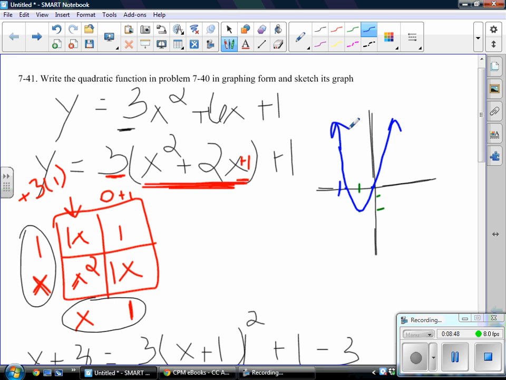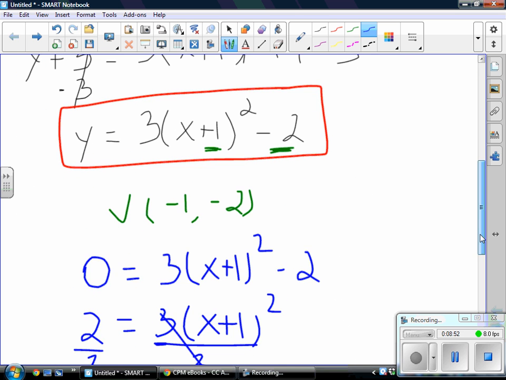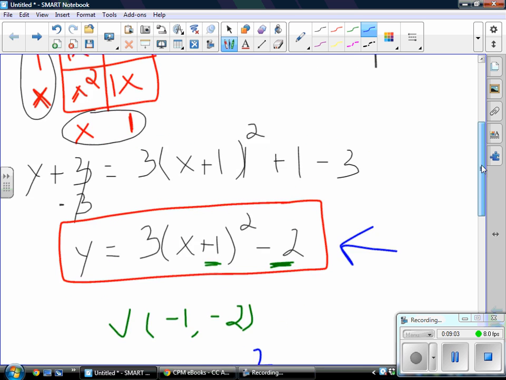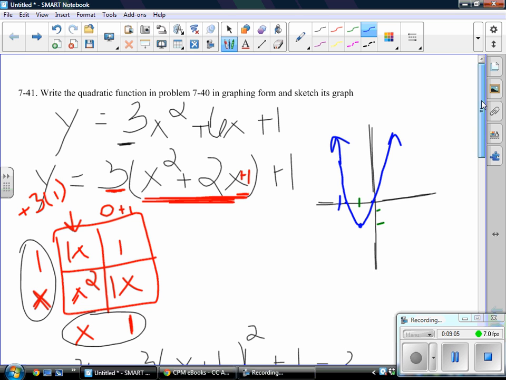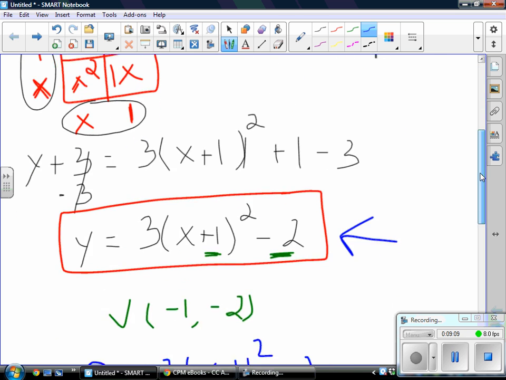Once you get your graphing form, you can also plug it into your calculator and get the table, which will give you some nice points to graph. They may not be super nice points, they might be decimals, but at least you can see that. Okay, so that's changing from standard form into graphing form, which is in the box right there.